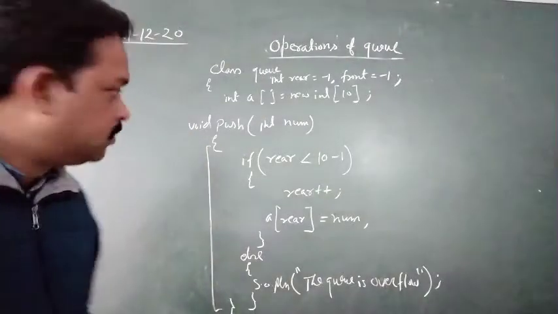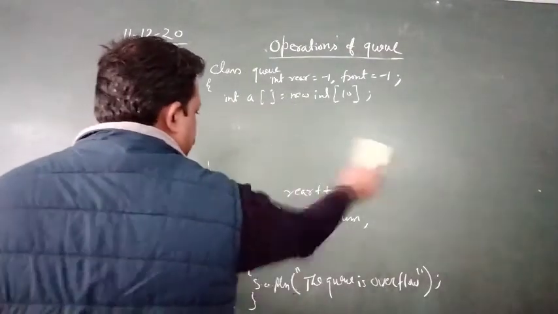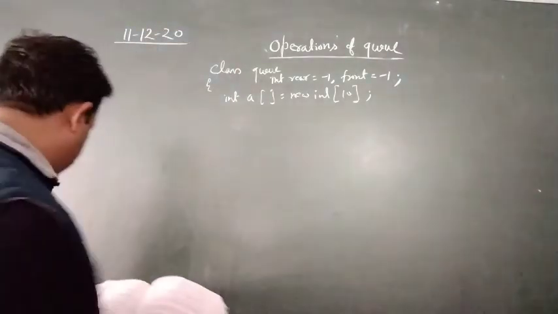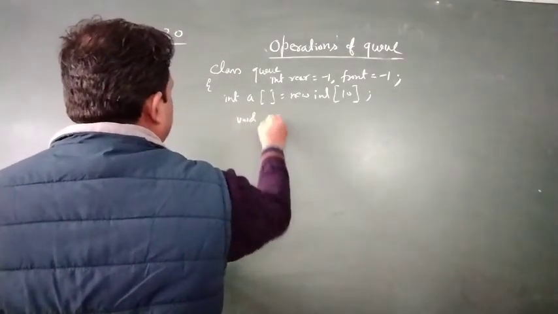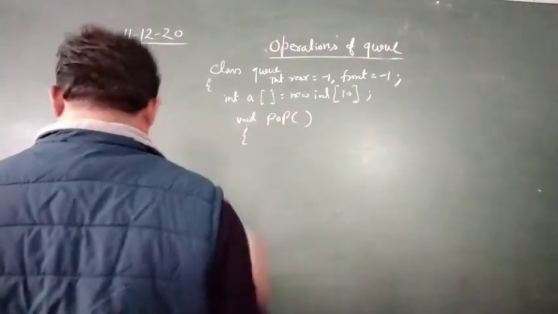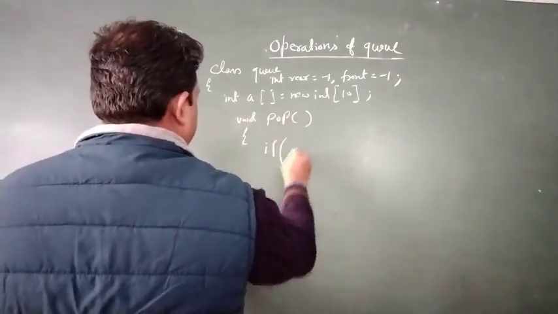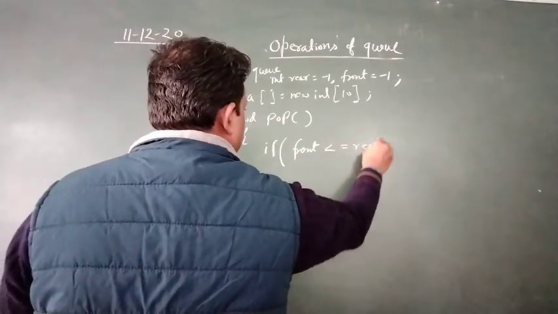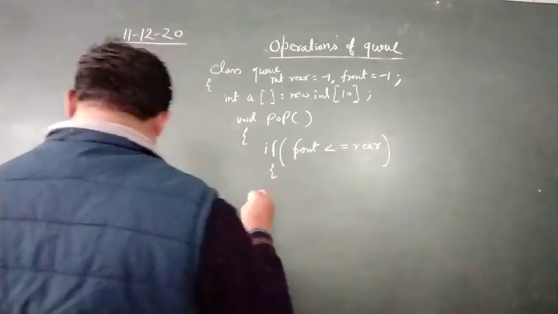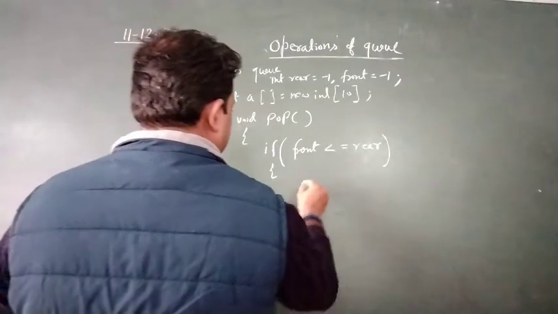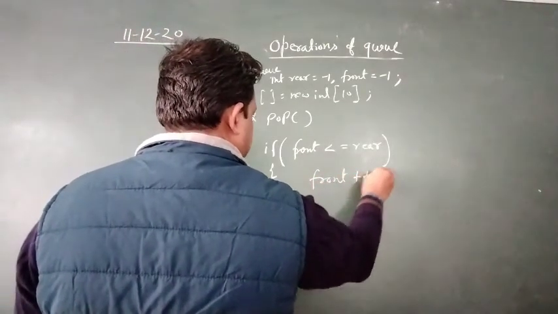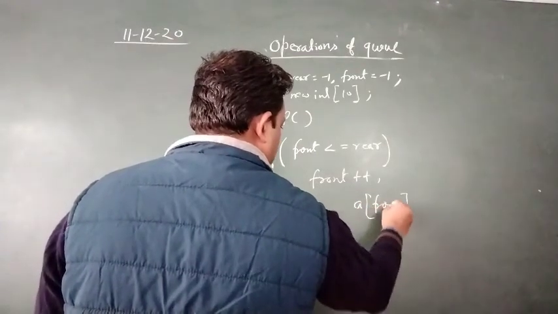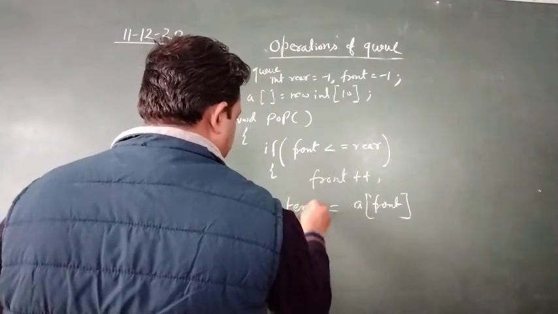Now come to the next function, pop. Void pop. If front less than or equal to rear, front plus plus, and from that index number a of front, take it in a variable temp.